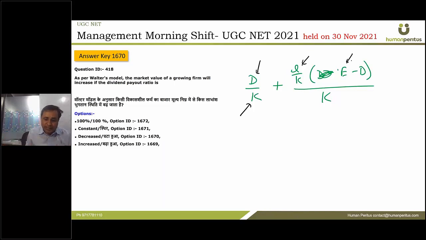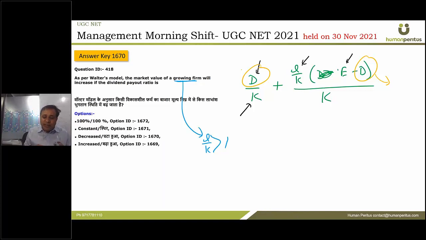So it says the market value of a growing firm. When it's a growing firm, it means your R by K will become greater than 1. If R by K is greater than 1, this D will become larger in magnitude in comparison to this D, because a negative sign is given.